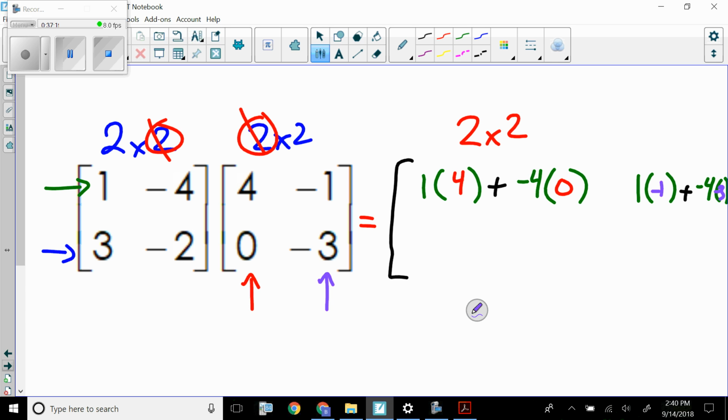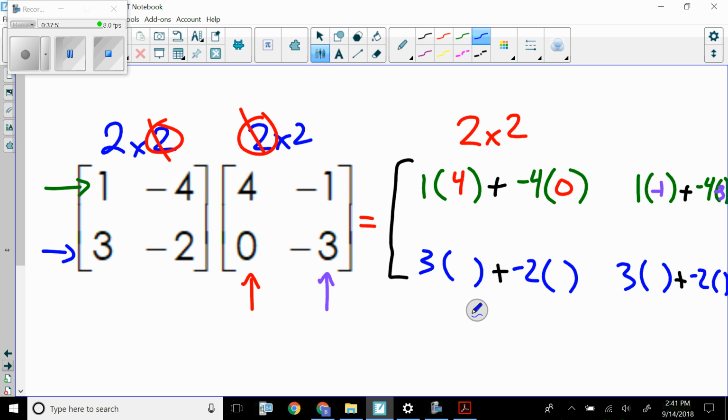Okay, now I'll keep setting this thing up. So I'm done with the green row. Now I go after the blue one. Well, the blue row is 3 times something, plus, okay, -2 times something. Again, same thing over here. 3 times something, -2 times something. I'm adding those.